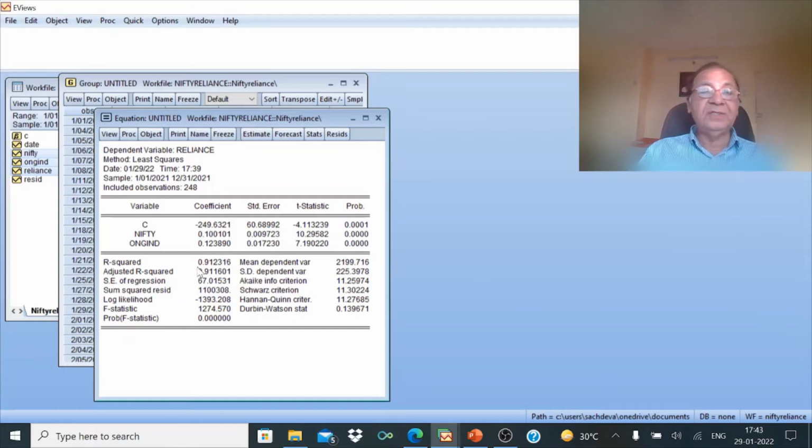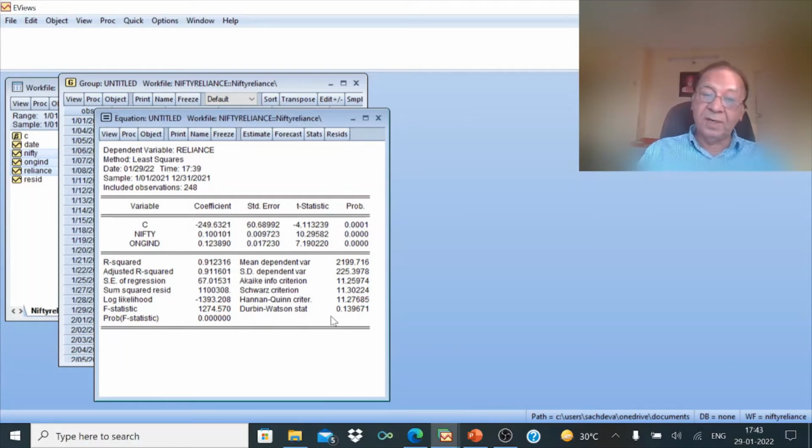First of all, see the R square. R square is 0.91. See the Durbin-Watson stat. Durbin-Watson stat is 0.13.